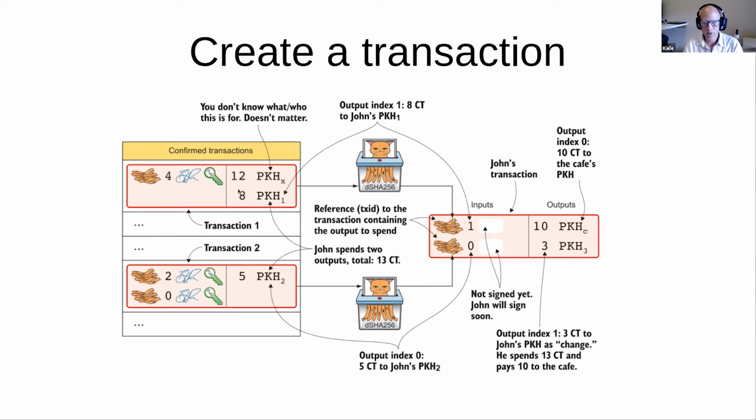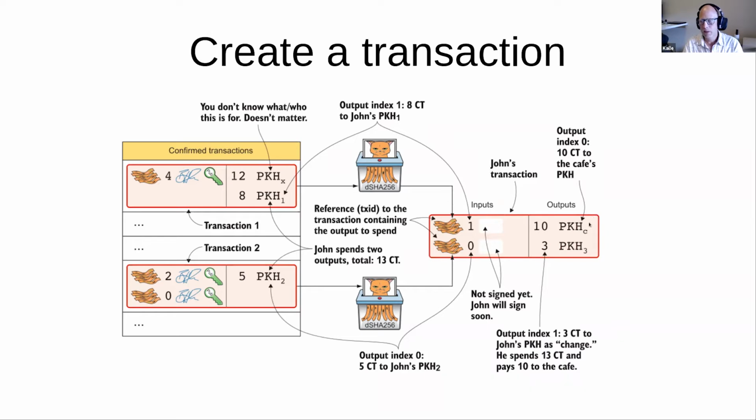You have 8 cookie tokens here in this output that's being paid to John, and here we have 5 cookie tokens being paid to John in this output. So in total, those two sum up to 13 cookie tokens. So John is spending 13 cookie tokens here.